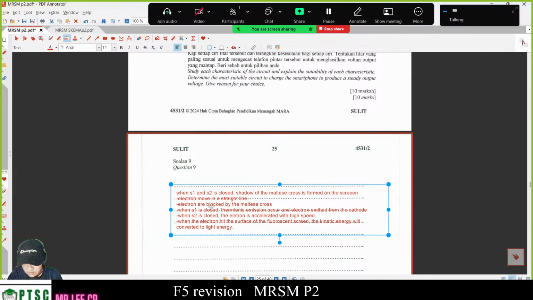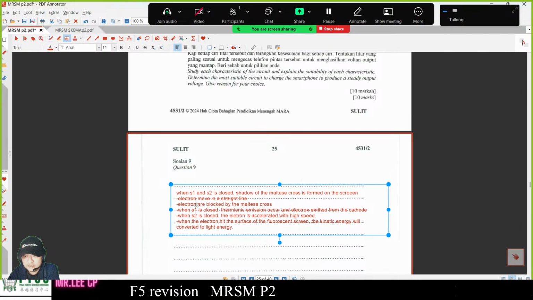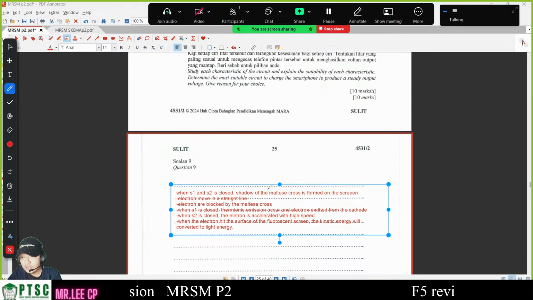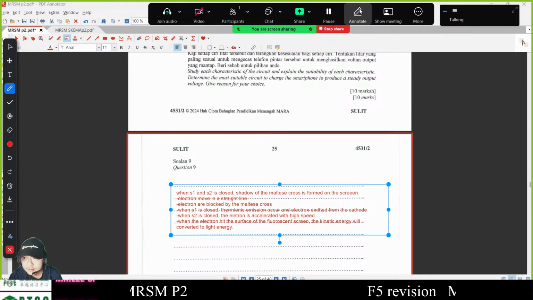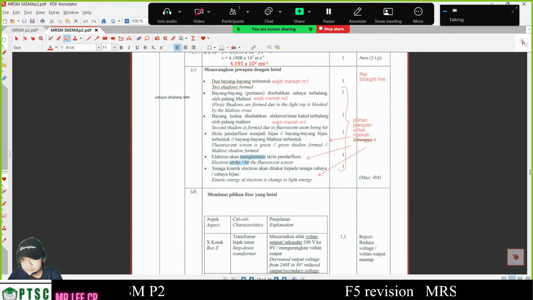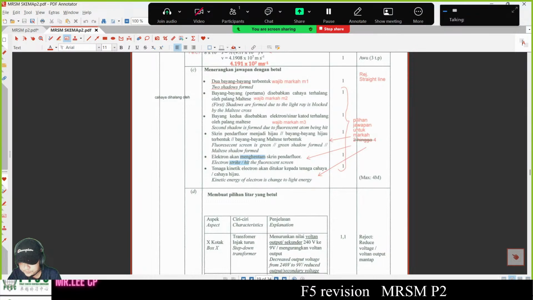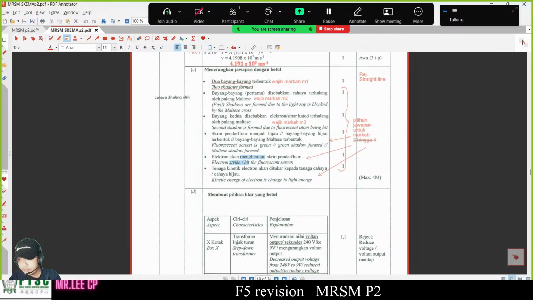So electron or light also can, electron also can, because they are the same thing here. So electron are blocked by the Maltese cross. So this one I'm having 1 mark here. Right. Now the second one, the second shadow, it is formed due to the fluorescent atom being hit.